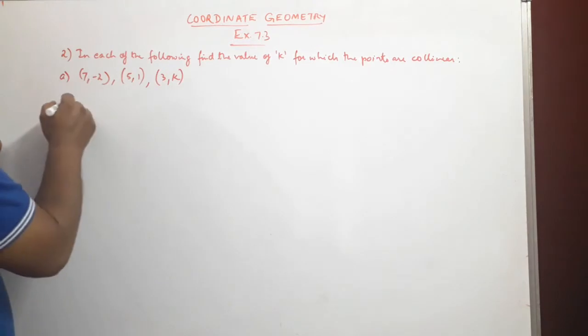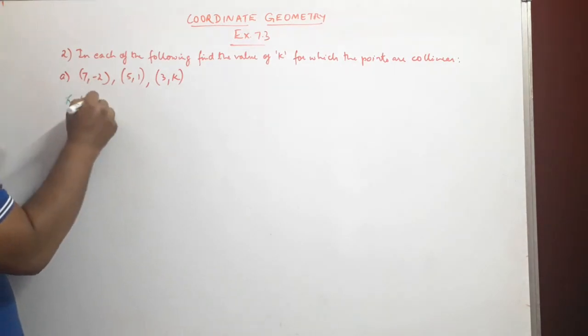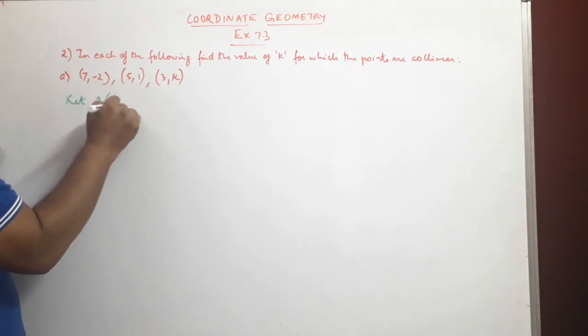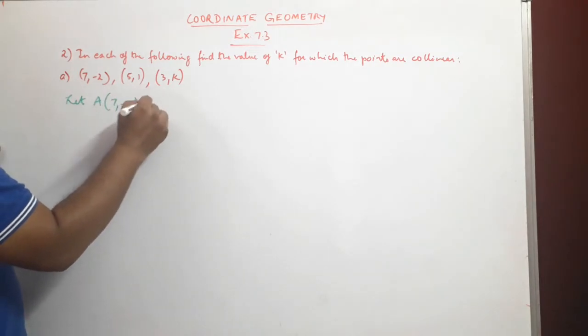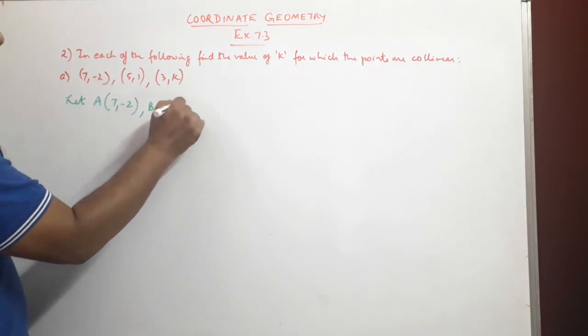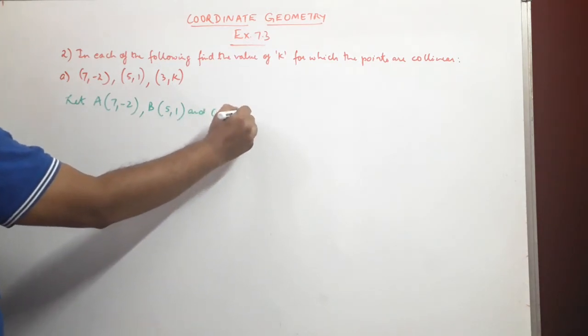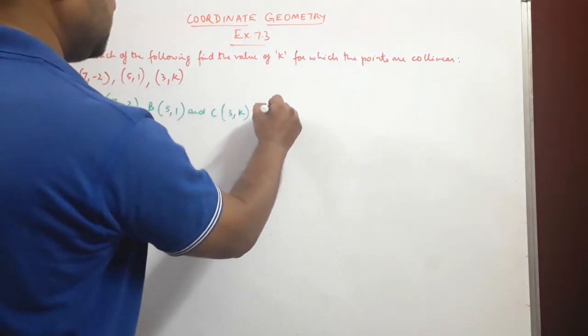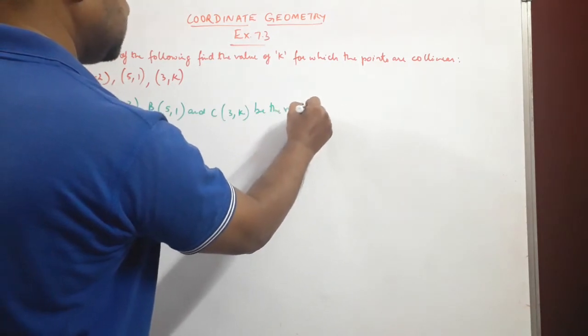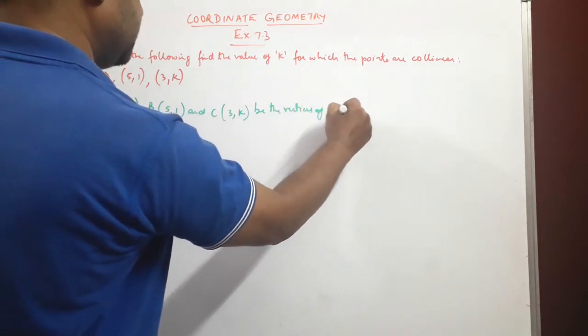So first let us assume that. Assume the vertices. Let A 7 comma minus 2, B 5 comma 1 and C 3 comma k be the vertices of triangle ABC.